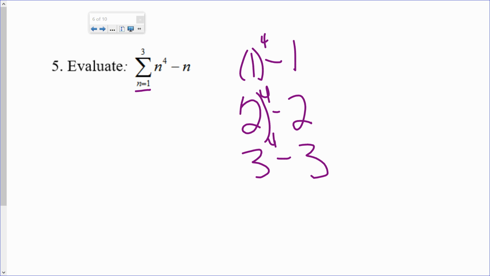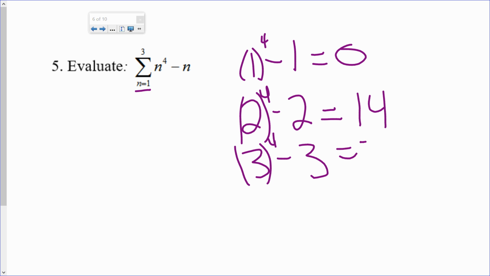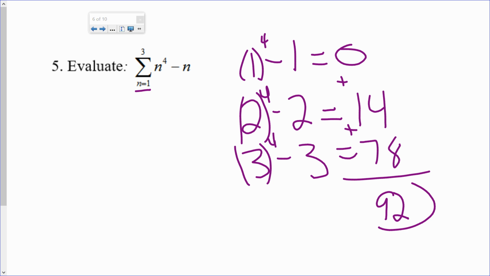Use the calculator if you need to. 1 to the 4th is 1, minus 1 is 0. 2 to the 4th is 16, minus 2 is 14. 3 to the 4th is 81, minus 3 is 78. Now I add the terms together, and I get 92.